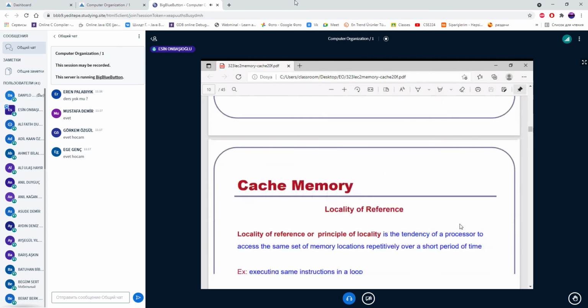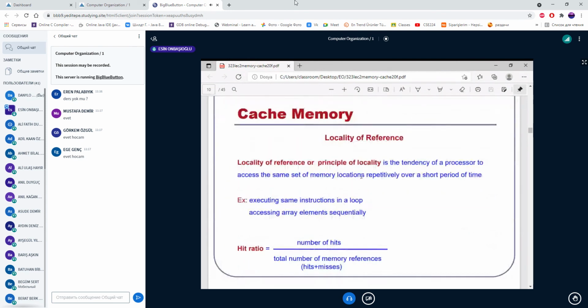Why? Because there is a locality of reference, or principle of locality. It means the tendency of a processor to access the same set of memory locations repetitively over a short period of time.